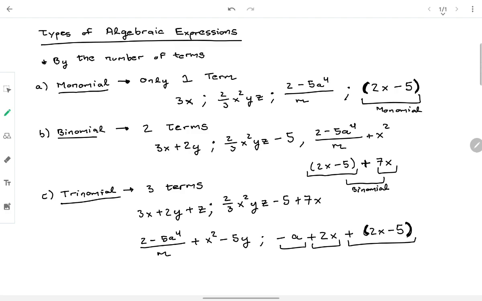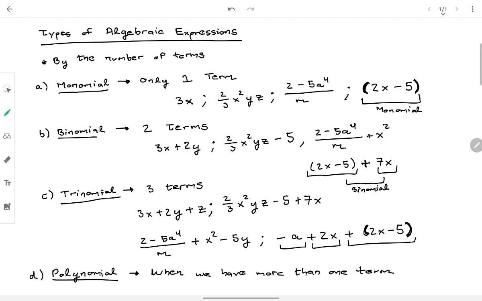And we will have also a different one that will be polynomial. The definition of polynomial is when we have more than one term.